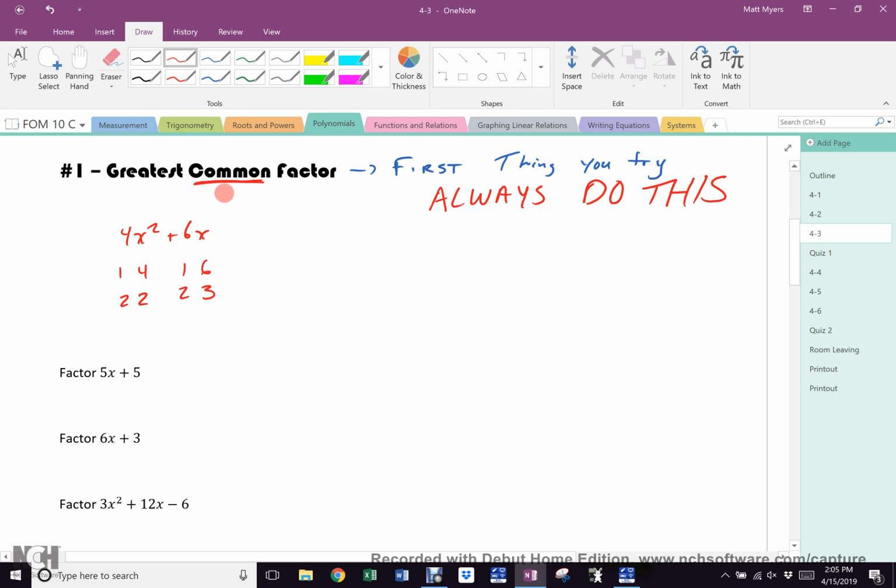He knew we had to use the groups of 2 because 2 was the greatest common factor between both of them, right? And when we actually did the work, we ended up with 2x times 2x plus 3, correct? Right? Now, 2 is certainly the greatest common numerical factor, but what does this really mean?